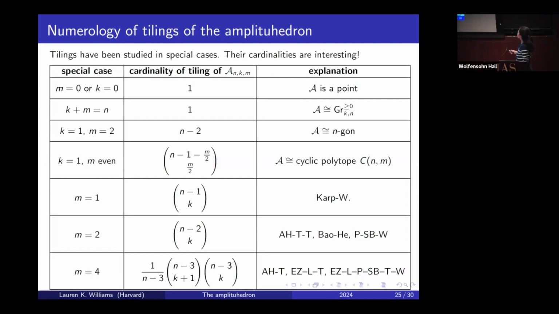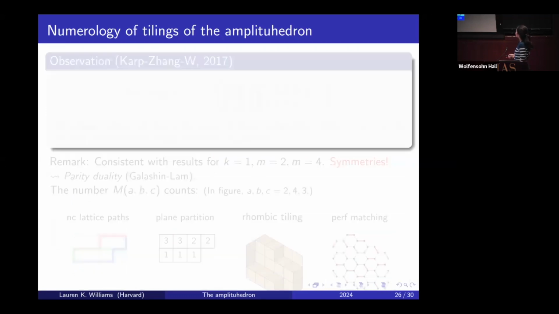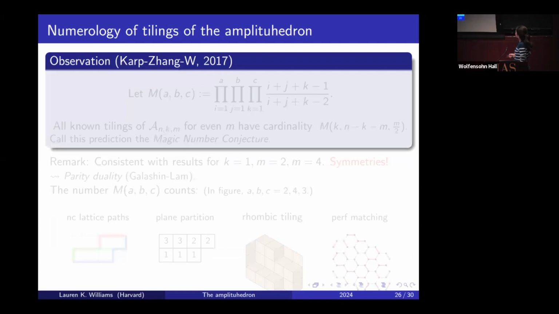We have binomial coefficients here, and Narayana numbers here, and we were trying to say, what's the number that might generalize all of these? So we made this observation. Let M of a, b, c be this interesting number.